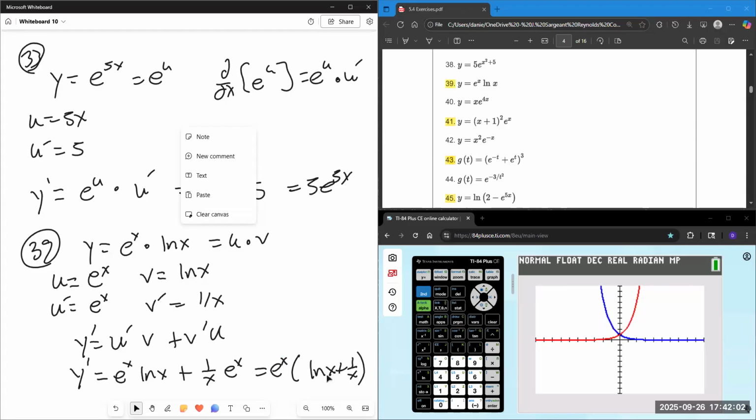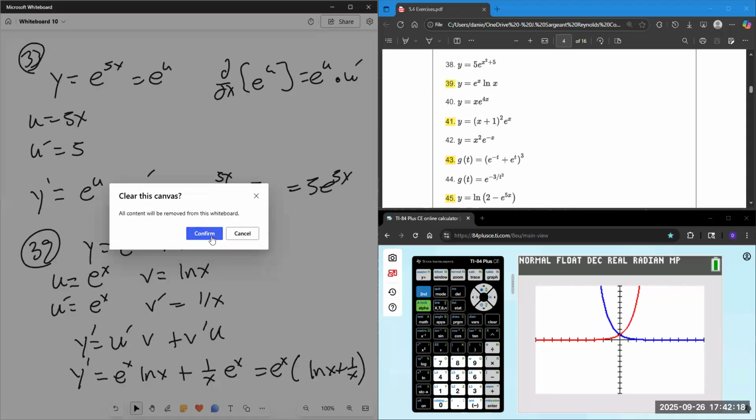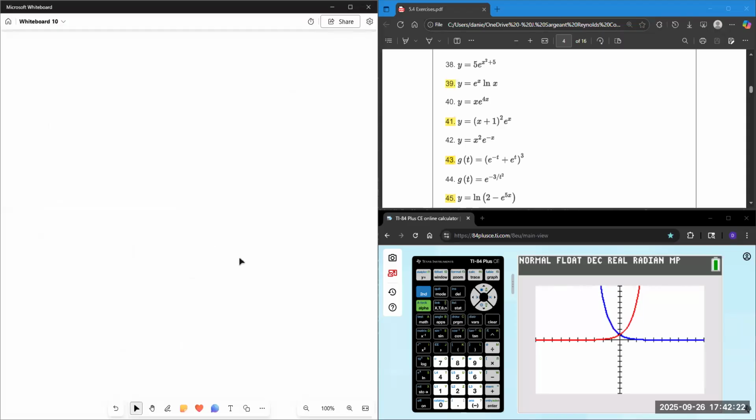We need to consider this other factor and don't need to consider the exponential piece that can never be 0 unless something is added or subtracted to the exponential factor. Like if I had e to the x minus 1 as a factor, then it could possibly be equal to 0 at some point. All right, let's look at 41.